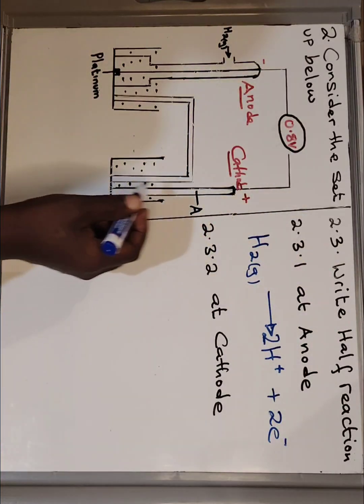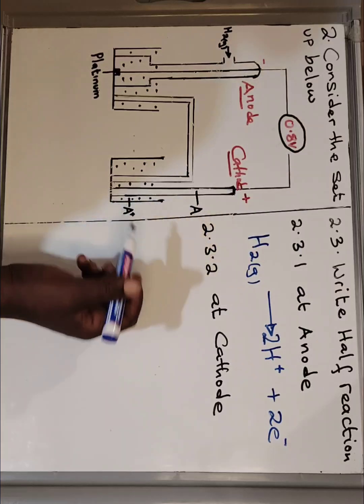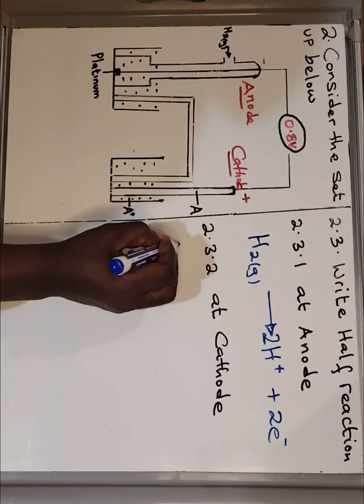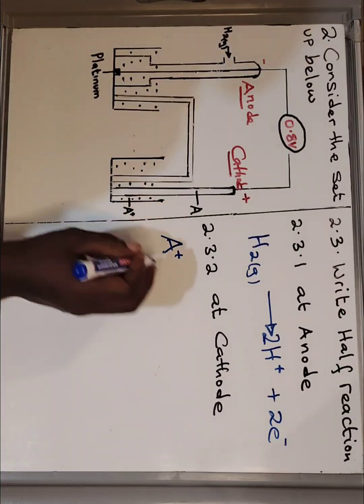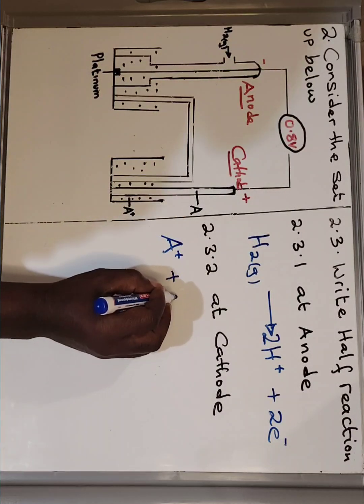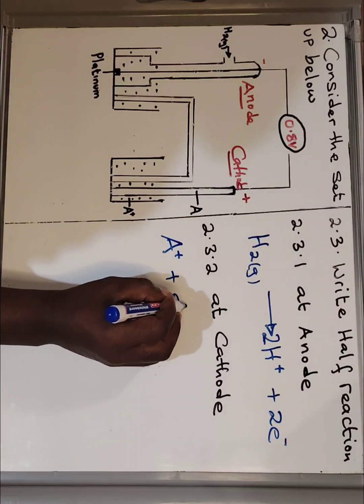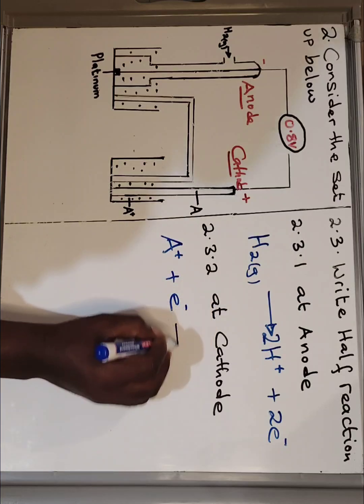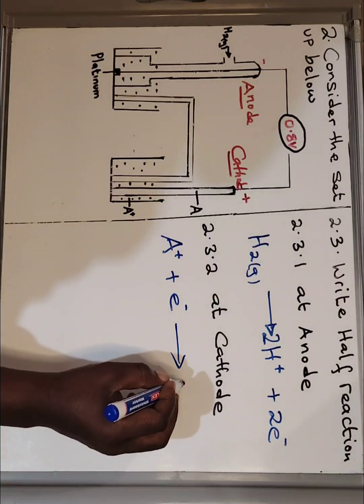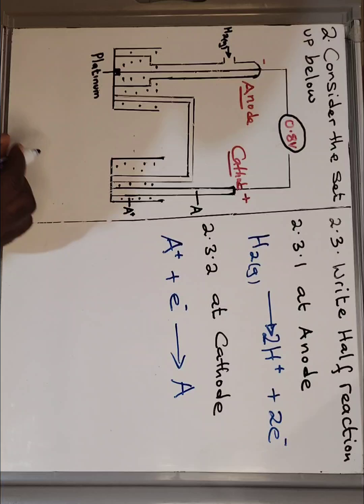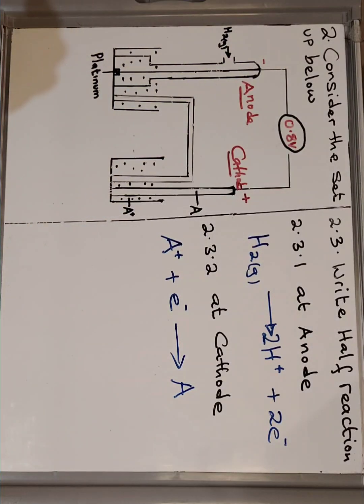So what is the reduction involving A? We are having the A+ ions which gain that electron to become reduced to A. That is the reaction taking place at cathode.